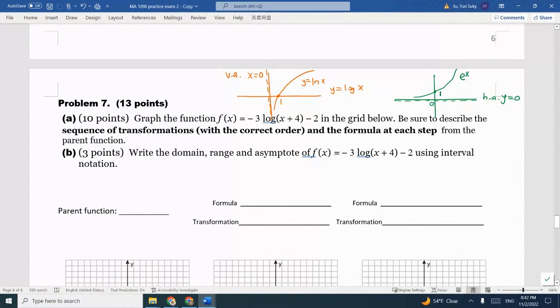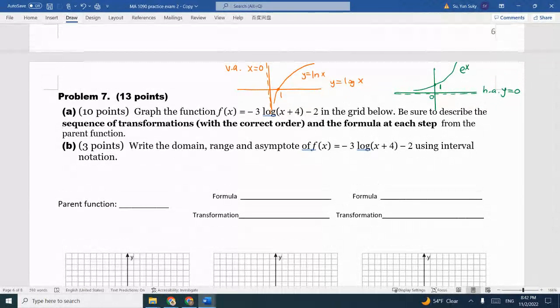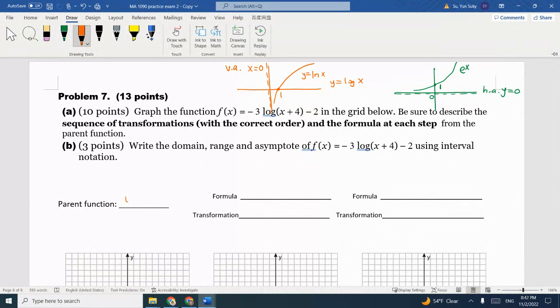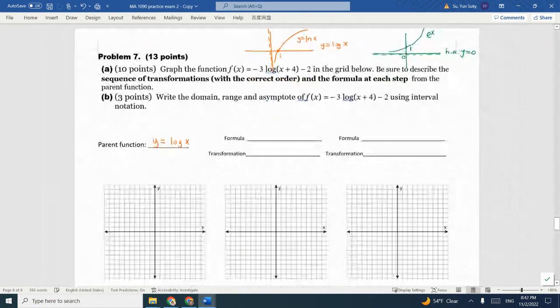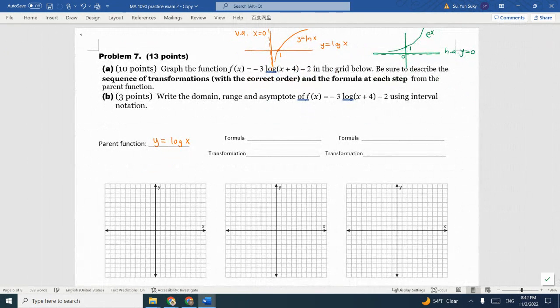Okay, so those are your parent functions. Make sure you can remember these parent functions. So right now we have the log, therefore our parent function is y equals log x. It passes through 1, 0, and then it looks like that, and we have a vertical asymptote right here.